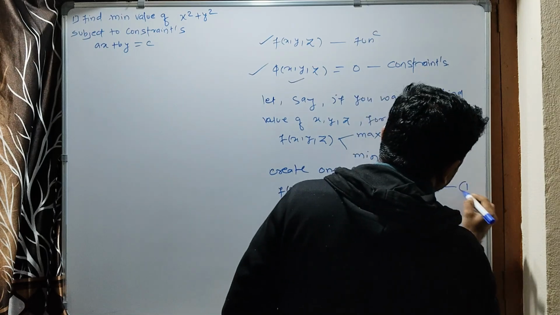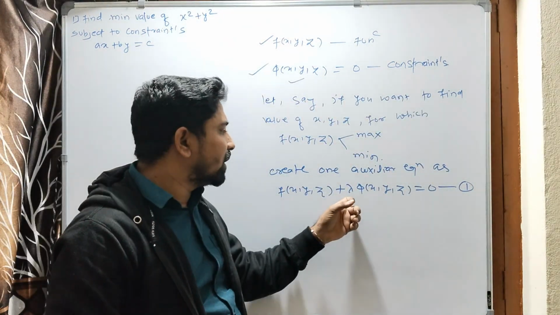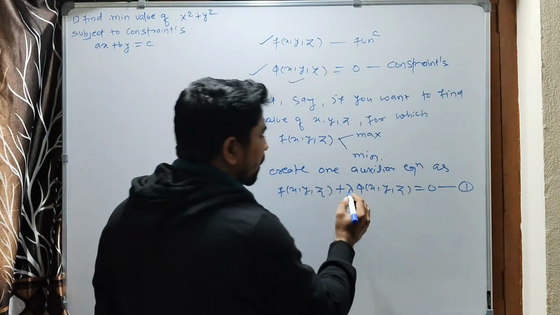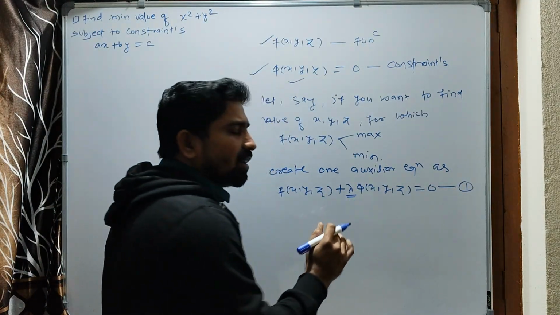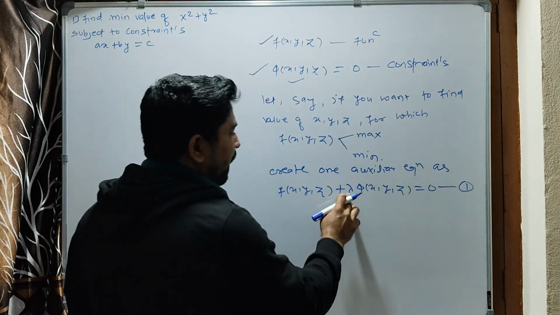Let's call this equation number 1. This is my Lagrange's equation, my auxiliary equation, with lambda, which is an undetermined multiplier. That undetermined multiplier is called the Lagrange's multiplier.